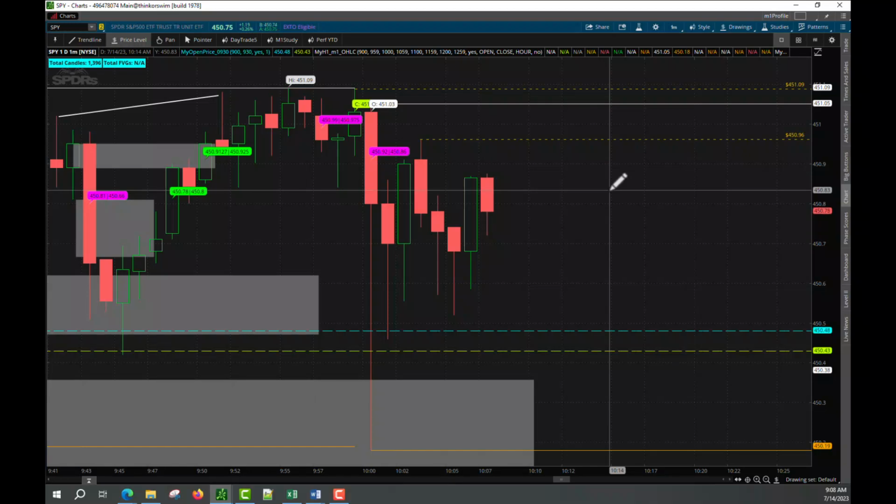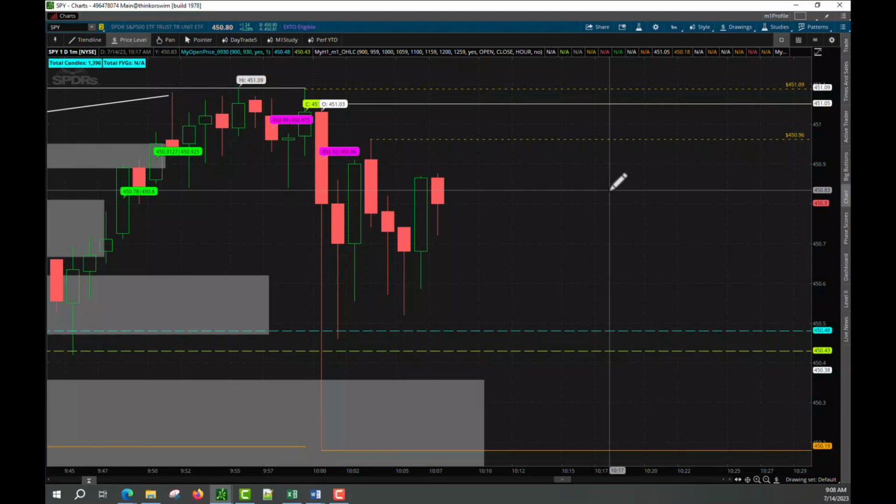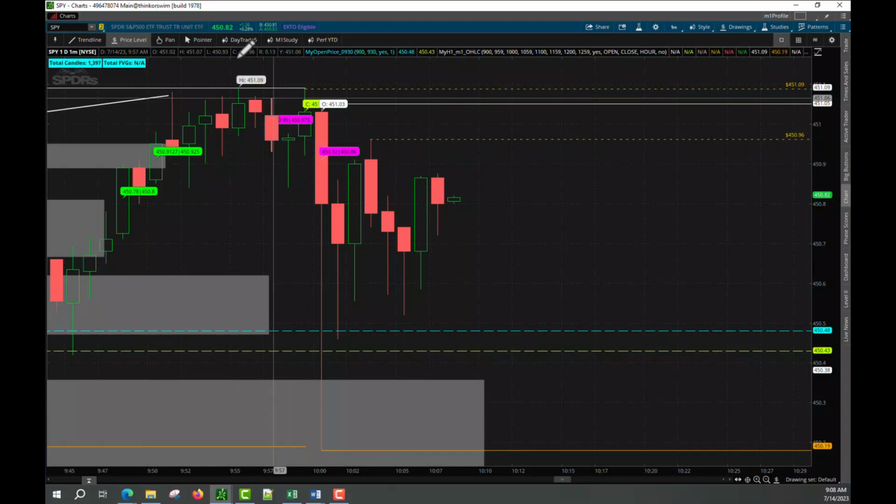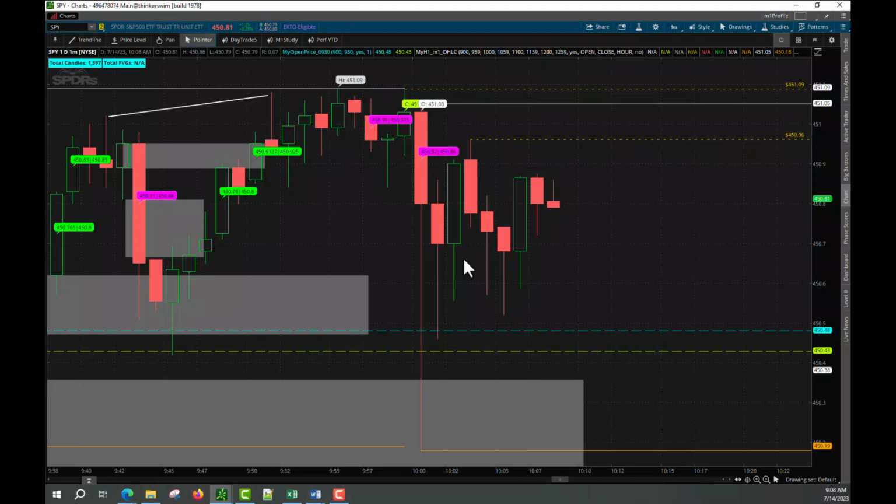So wow, it's about $1. About 90 cents. Actually, 87 cents, 1%. That's a big stop out right there.